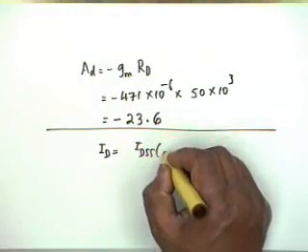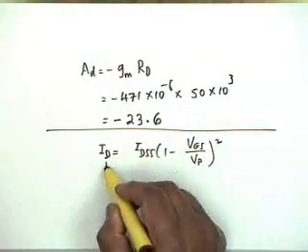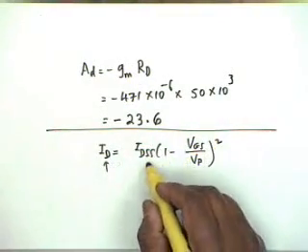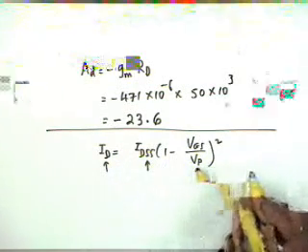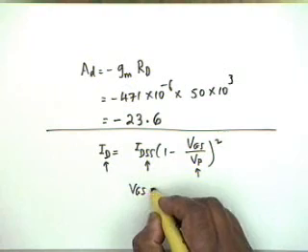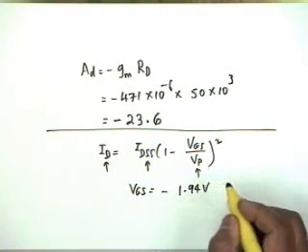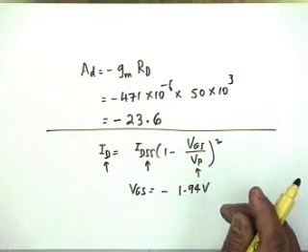So, I calculate VGS first. ID is IDSS times 1 minus VGS by VP whole square. I know ID, I know IDSS, I know VP, and therefore I can calculate VGS. My calculation gives VGS as minus 1.94 volt. It has to be negative. Gate has to be negative with respect to the source.